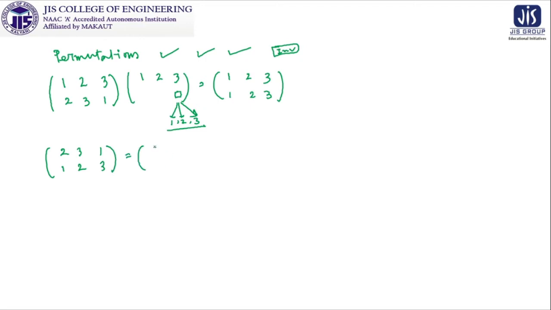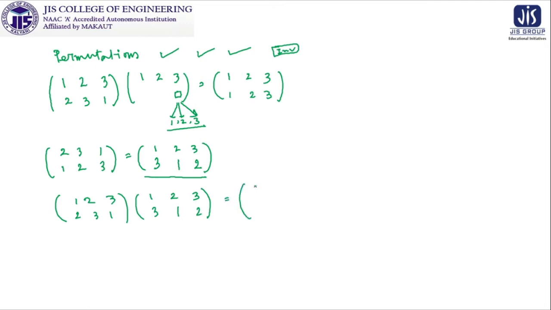After that we make it in the proper arrangement. So 1 goes to 3, 2 goes to 1, and 3 goes to 2. We are getting this. Now 1 2 3, 2 3 1, and 1 2 3, 3 1 2.